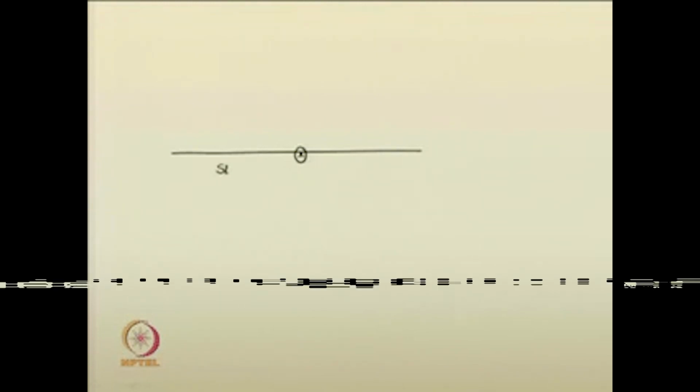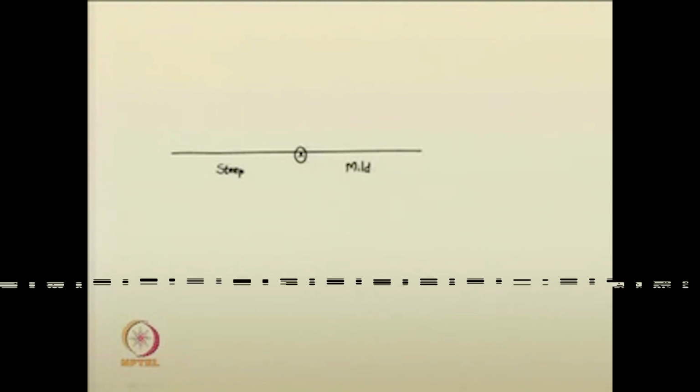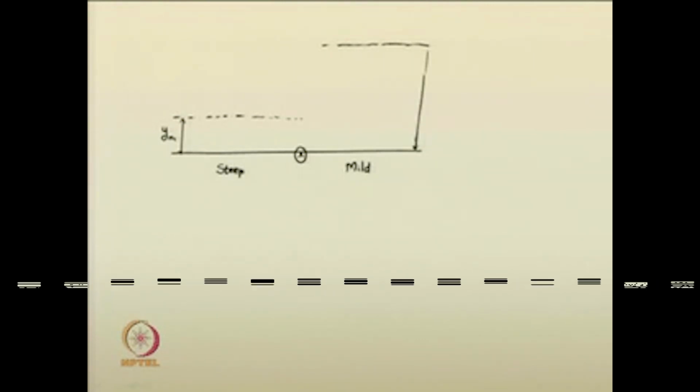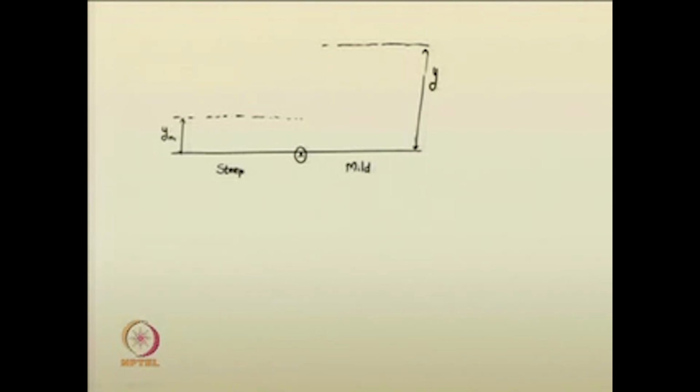On the left side you have a steep channel, on the right side you have a mild channel. The normal depth in the steep channel is given by y n 1. The normal depth in the mild channel, let us consider as y n 2.